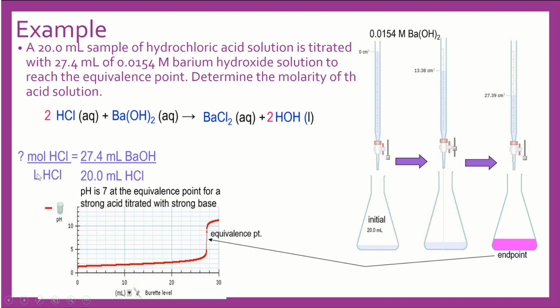All right, so since I have a volume of HCl on the bottom, I want to put my volume of HCl on the bottom. So I started with 20 milliliters of hydrochloric acid. That goes on the bottom. That was equal to 27.4 milliliters of barium hydroxide. So there's a starting conversion factor. My base on top of my acid, because I want the acid volume on bottom.